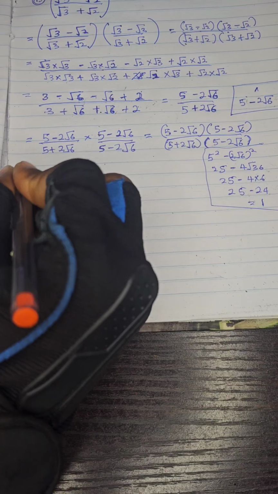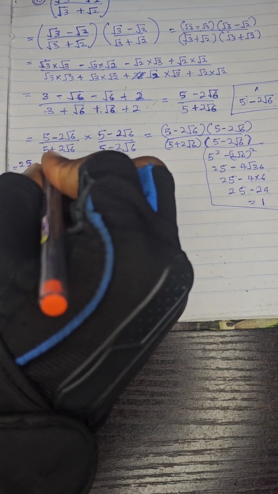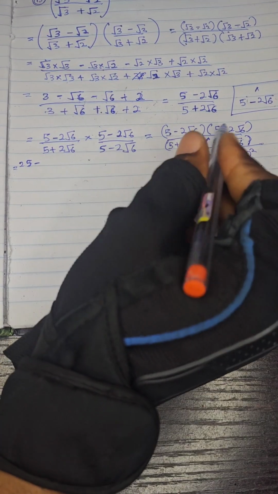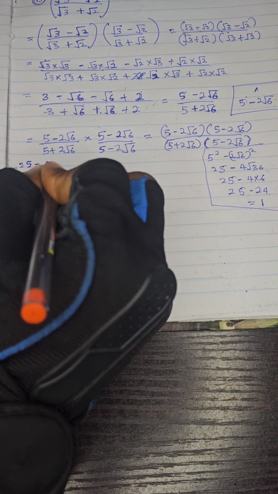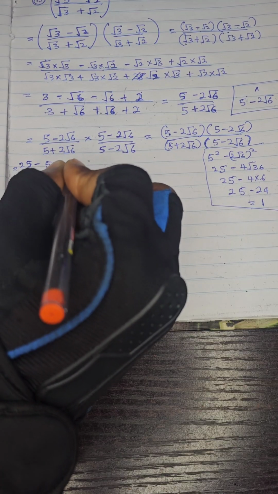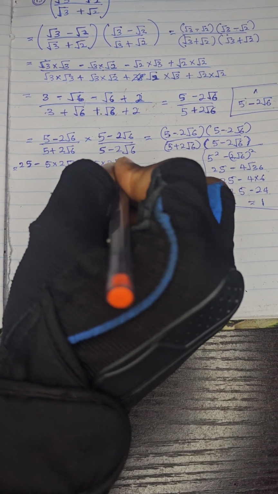So here I'm going to have something like, I have to squeeze myself here. 5 times 5 equals 25, minus, because there's a minus sign here, 5 times 2 root 6. So this times minus, there's a minus sign here, so 5 times 2 root 6.